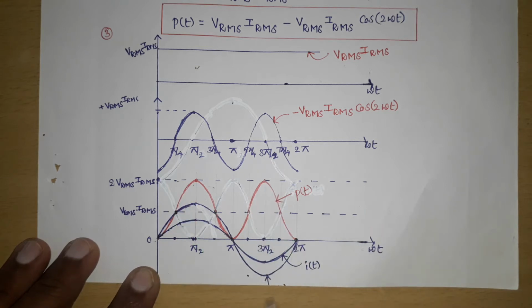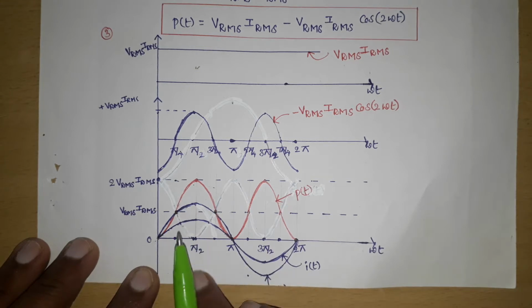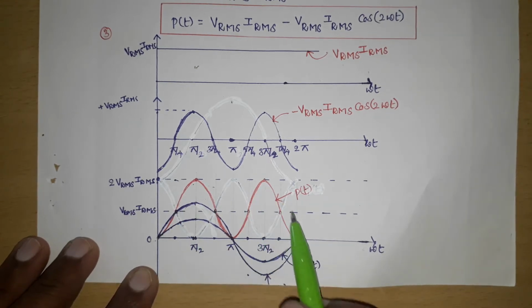If voltage and current complete one cycle, the power waveform completes 2 cycles. Voltage and current are sometimes negative and sometimes positive, but power is always positive.